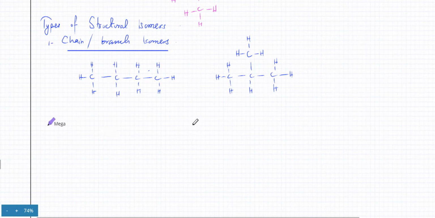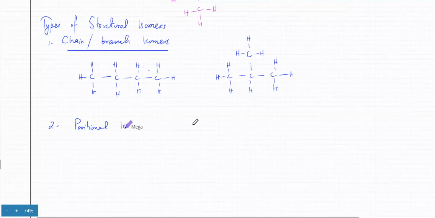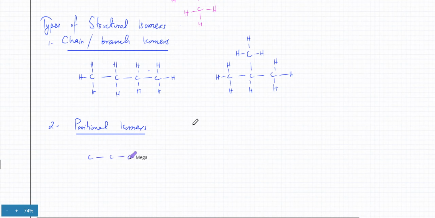The second thing that you could do is, you can change, they're called positional isomers. Positional isomers are, like I have an alcohol. Okay, this is propanol.